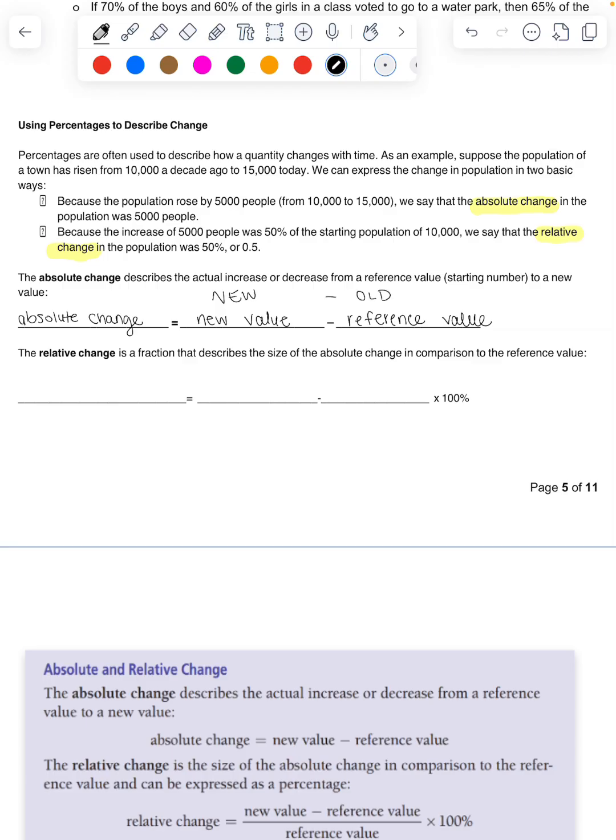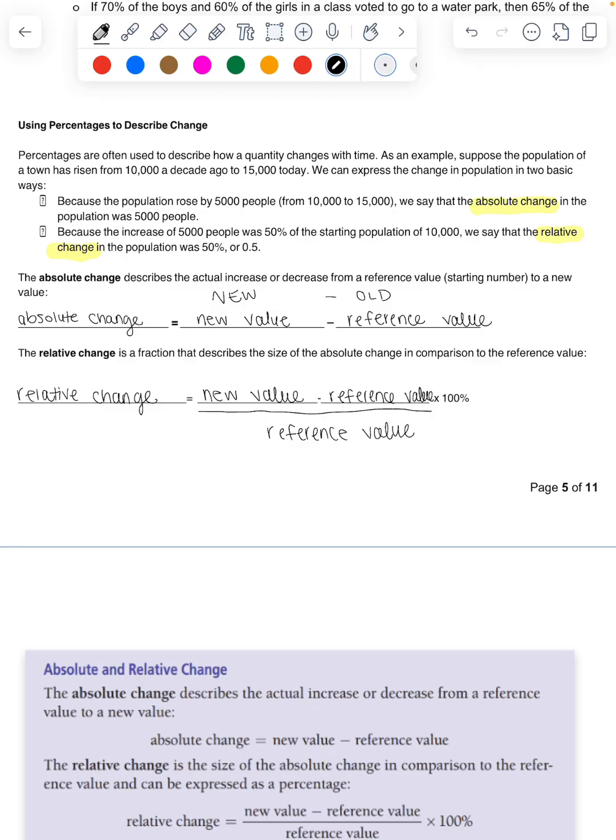The relative change is a fraction, which it should be written here as a fraction, that describes the size of the absolute change in comparison to the reference value. So our relative change is going to be the new value minus the reference value, divided by the reference value, times 100, because we're getting this as a percent.